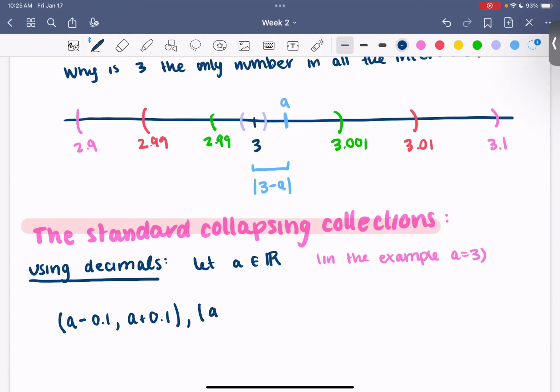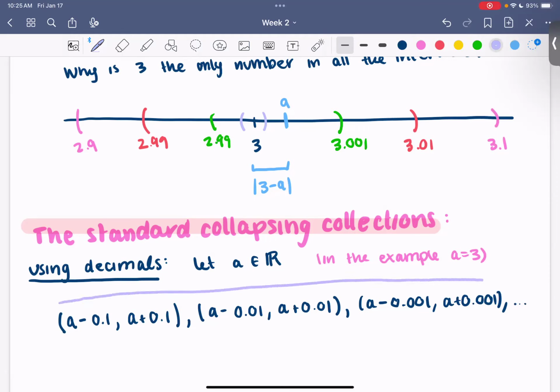Next one, A minus 0.01 up to A plus 0.01. And then the third one would be A minus 0.001 to A plus 0.001. And then the pattern continues. This would be our standard collapsing collection for A using decimals.